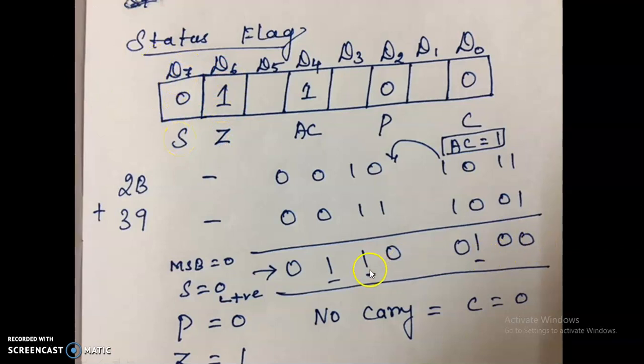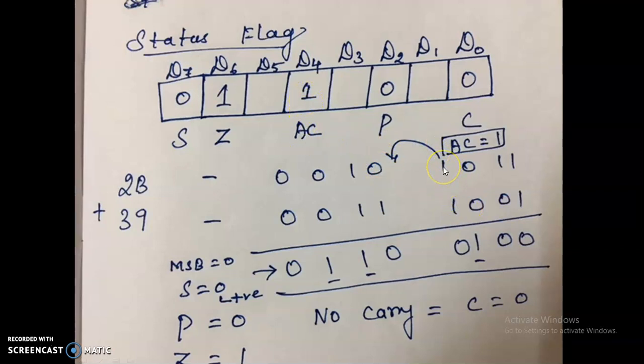Okay, so first I go to the carry flag. Here there is no carry found, so I put C equal to 0. Okay, and then I add these two numbers. There is a carry from the third bit to the fourth bit, so I put AC equal to 1.